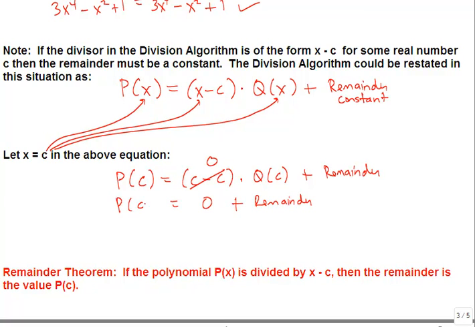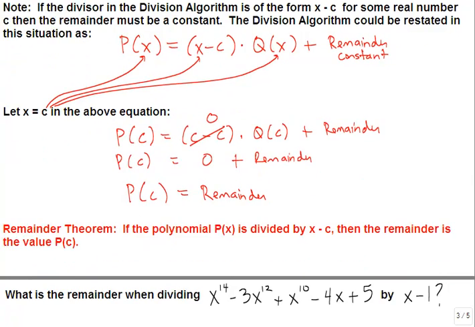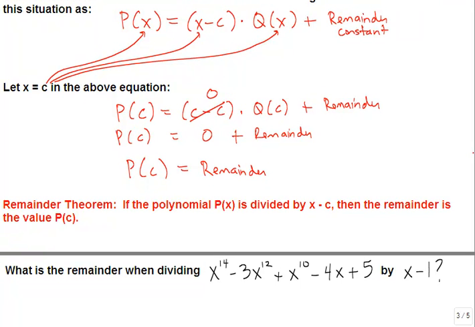So what this shows us is that the original polynomial with c plugged in will always be the remainder. This is called the remainder theorem, and it's a really useful theorem. It says that if your polynomial p of x is divided by x minus c, then the remainder is just the value of p of c.